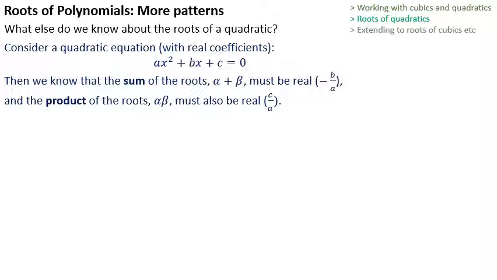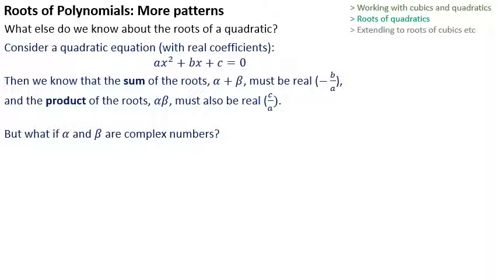We also know the product of the roots has to be real because that's c over a, and c and a are real numbers. So now we've got a bit of a conundrum. If alpha and beta are complex numbers, what makes us think they're going to add together to give a real answer? And simultaneously, they need to be able to multiply together to give a real number. Are there two complex numbers that have a real sum and a real product?